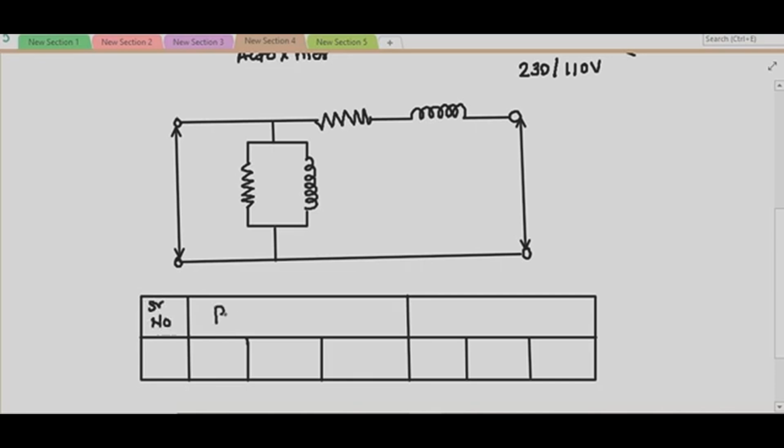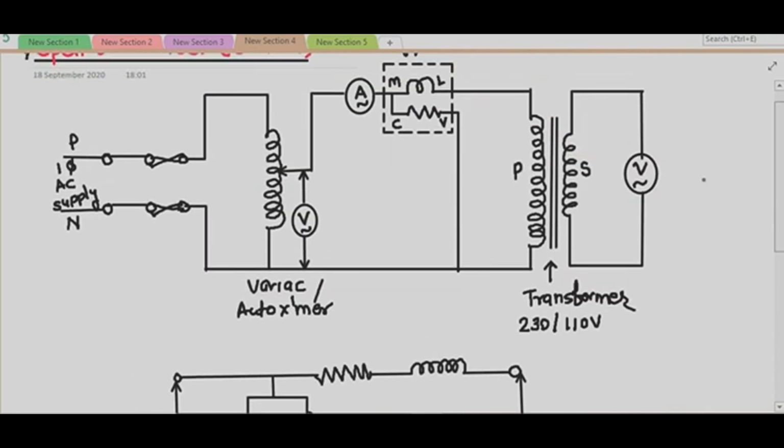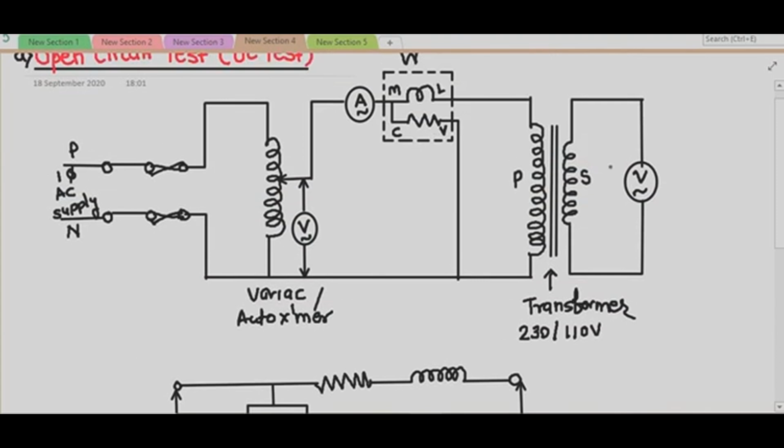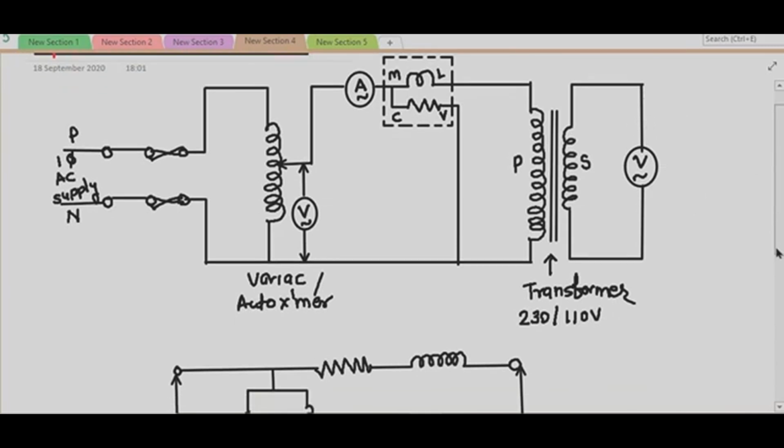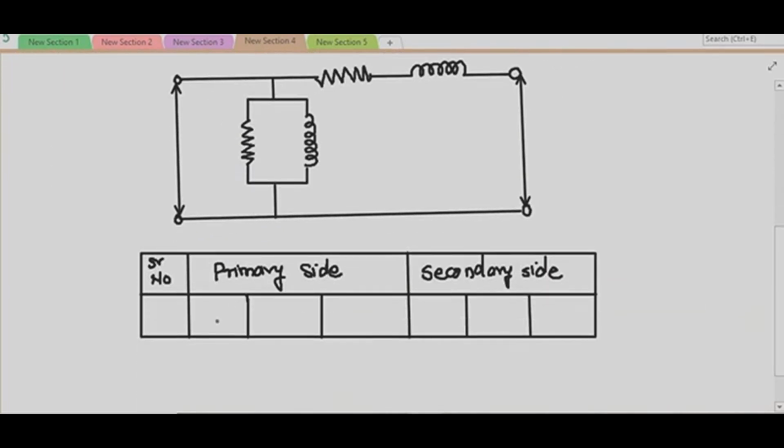Here I will write down the primary side reading, and on this side I will write down the secondary side reading. So on primary side we have connected one voltmeter, ammeter and wattmeter. As I have conducted the open circuit test, there is no load connected across secondary. So I will denote the voltage across primary as V1.